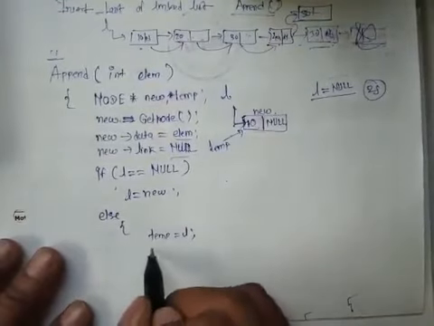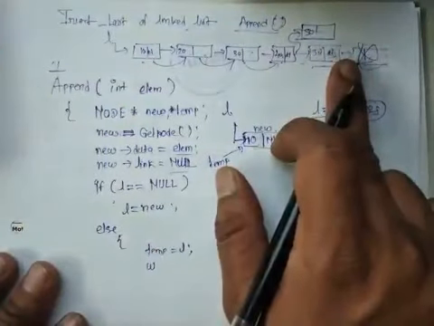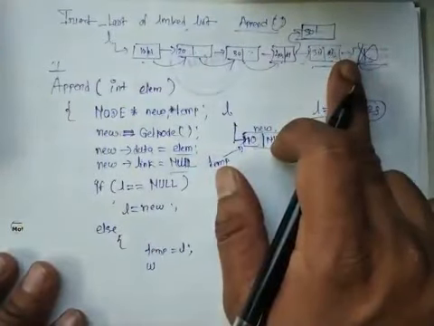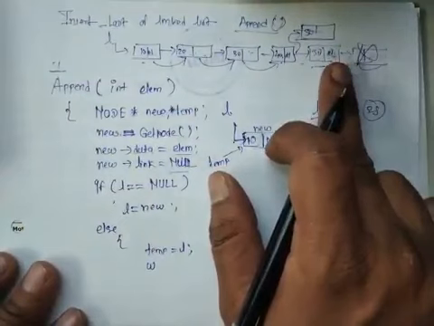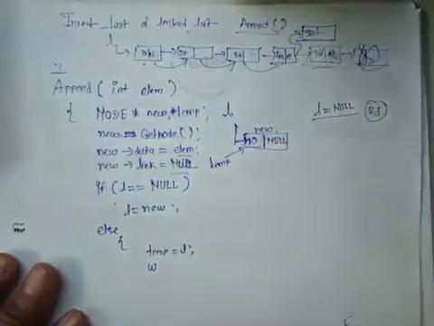Now we are going to traverse till the end of the linked list. We can find that if the node's link part is holding a null value, that means it is the end of the linked list.